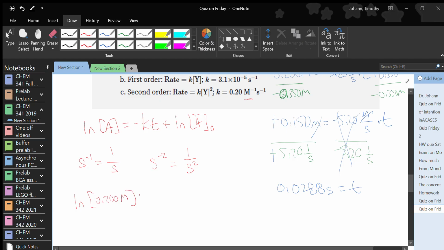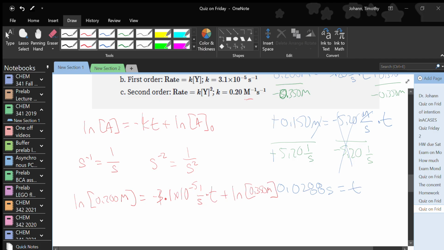That's equal to negative k, which was 3.1 times 10 to the negative 5th, 1 over seconds, times my time, which is what I am solving for, plus the natural logarithm of A naught, the starting amount of A, which in our problem was 3.50 molar.